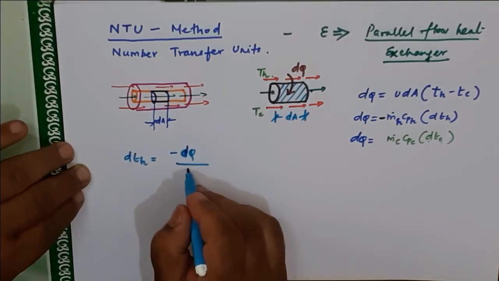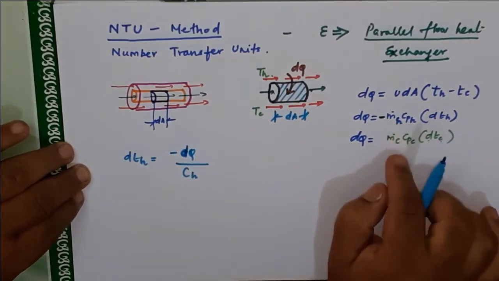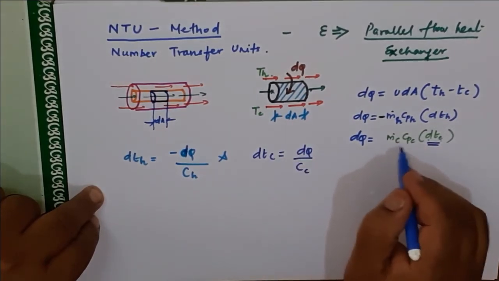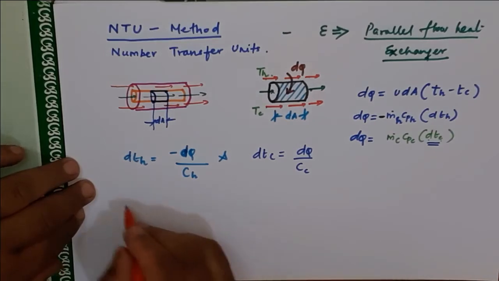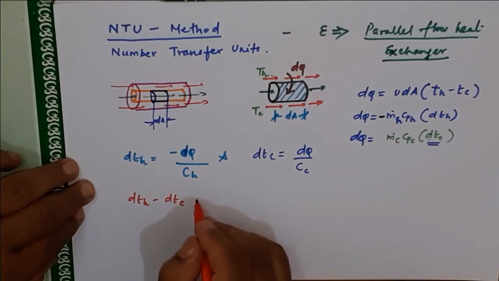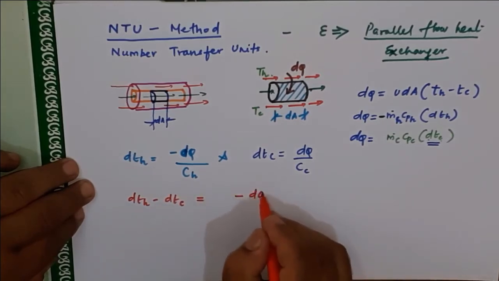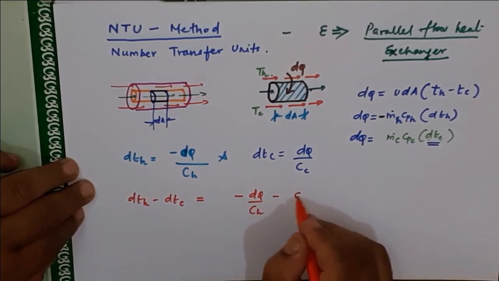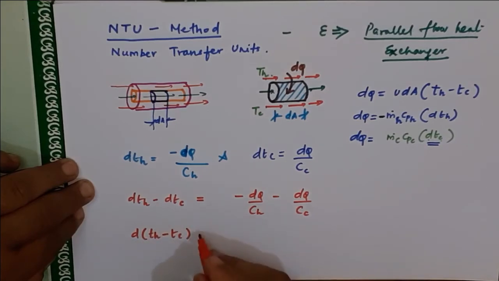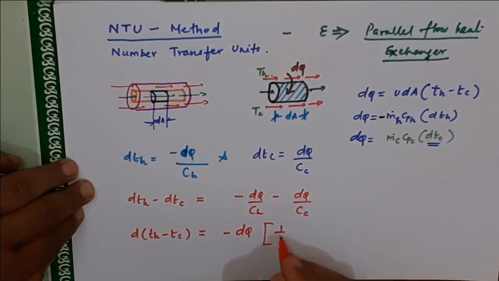I'll write this as CH, because m dot h CpH is CH. dTc is equal to dQ divided by Cc. Then dTH minus dTc, the temperature difference in hot and cold fluid, is equal to minus dQ by CH minus dQ by Cc. d into TH minus Tc, the differentiation of a small temperature difference, is equal to minus dQ, taking that as common. So you get 1 by CH plus 1 by Cc.